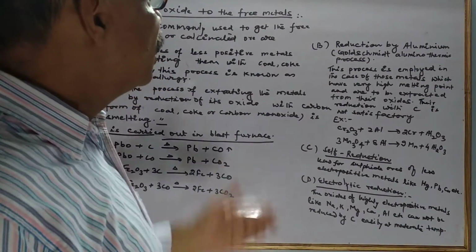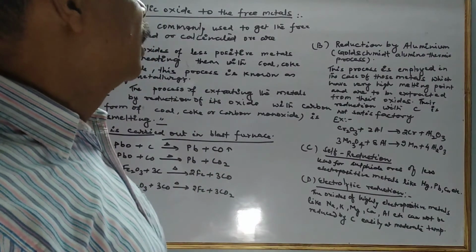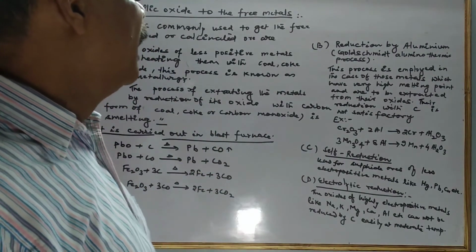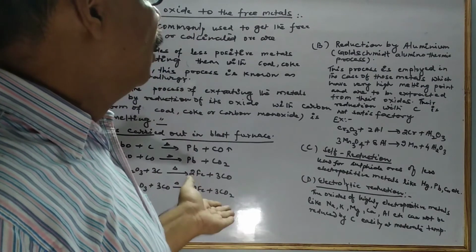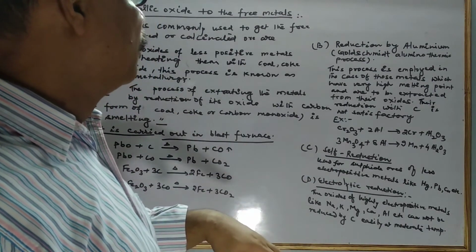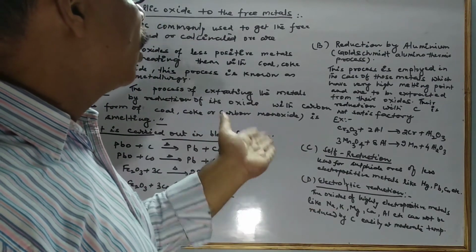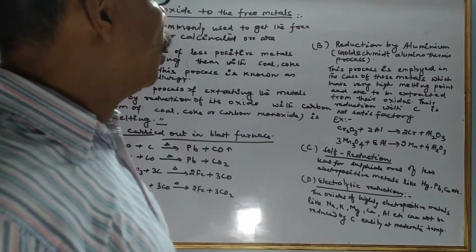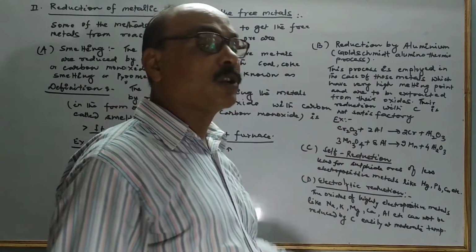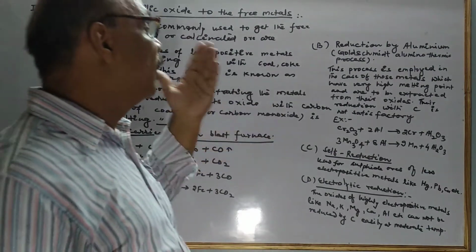Reduction by the aluminothermite process is employed in the case of those metals which have very high melting points and are extracted from oxides. Their reduction with carbon is not satisfactory. For example, chromium oxide, manganese oxide, their melting points are very, very high.